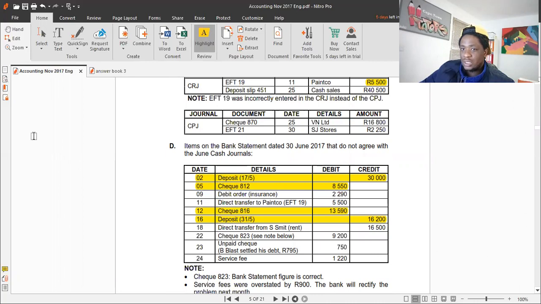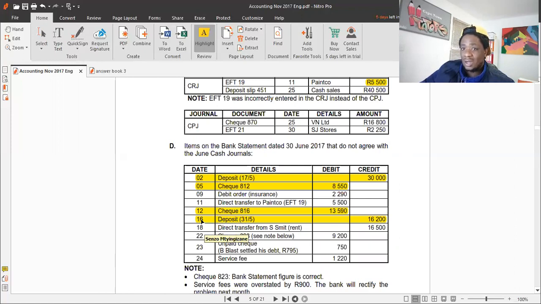So what I'm seeing here is that the deposits are not being promptly made. There's a time lag between us receiving the money and us making the deposit. And then the deposit that came into the business on the 31st of May only went into the bank statement on the 16th of June.